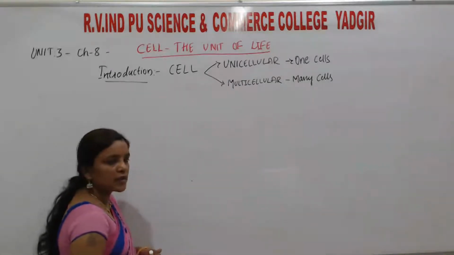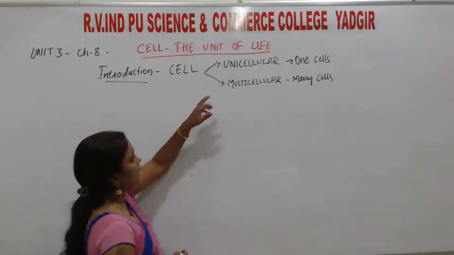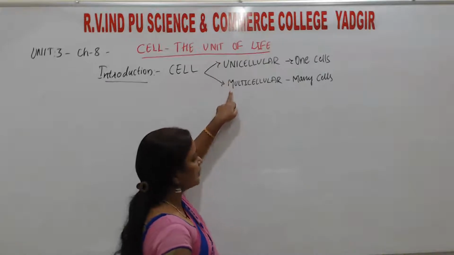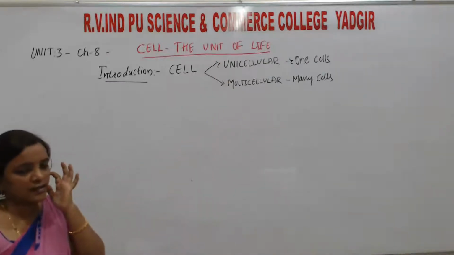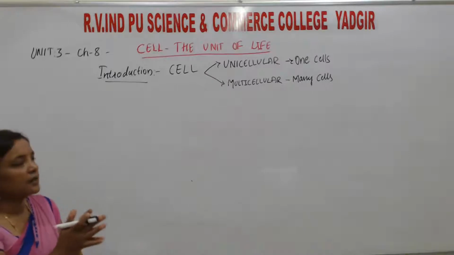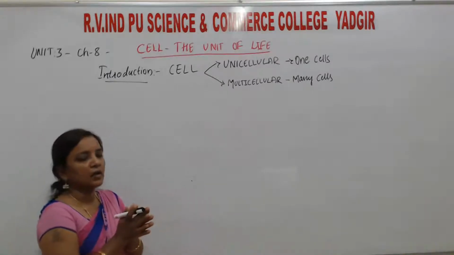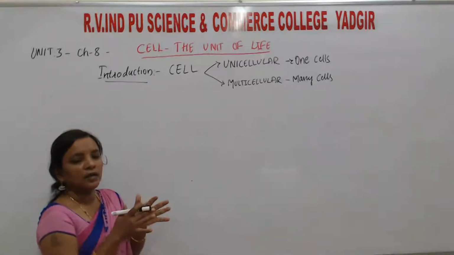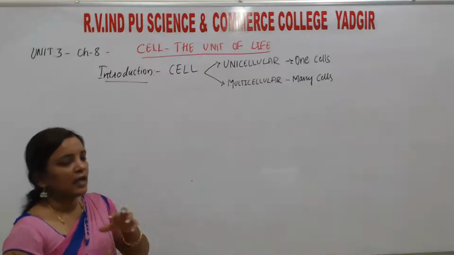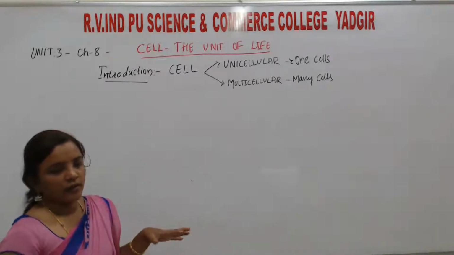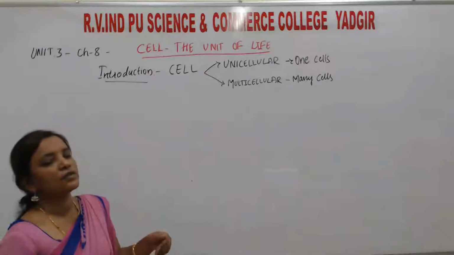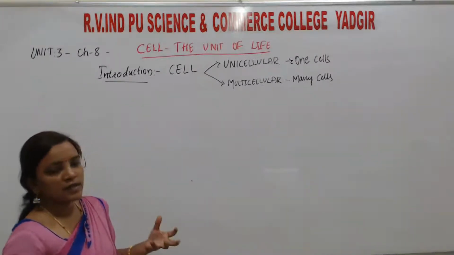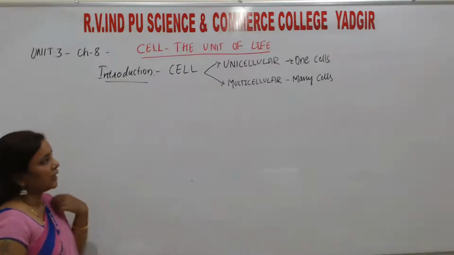Based on the number of cells, living organisms are grouped into two types, unicellular and multicellular. In today's days animals are grouped in different ways, and in that, the cell is also one of the characters. So based on the number of cells we divide the organisms.